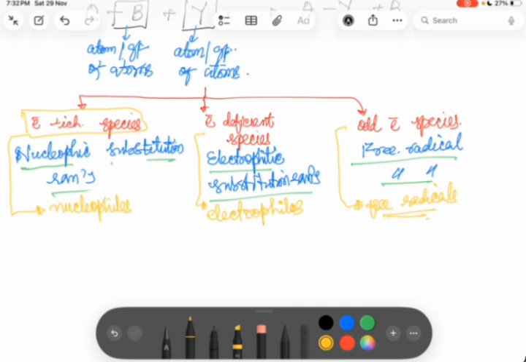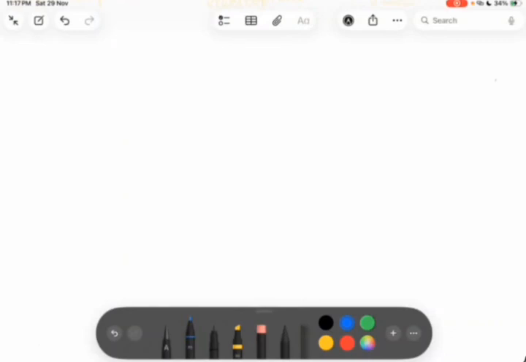And free radical substitution reactions are those reactions in which a free radical or an odd electron species replaces an atom or a group of atoms in our substrate. Dear students, now we will discuss the mechanism of nucleophilic substitution reactions.